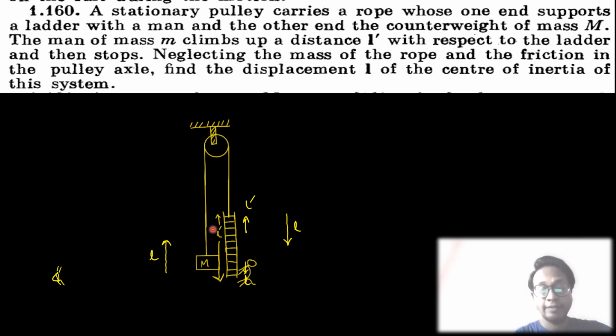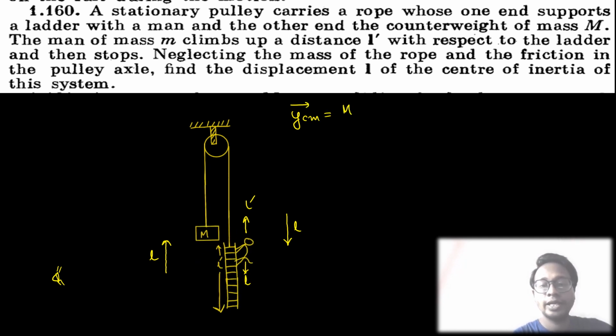Now the question is asking, find the total rise of center of mass of the system. That means if we consider this block, this ladder and this person as a system, find the total rise of center of mass. So the rise of center of mass is nothing but mass of block into rise of block. And while dealing with velocity, acceleration and displacement, always assign a coordinate system.